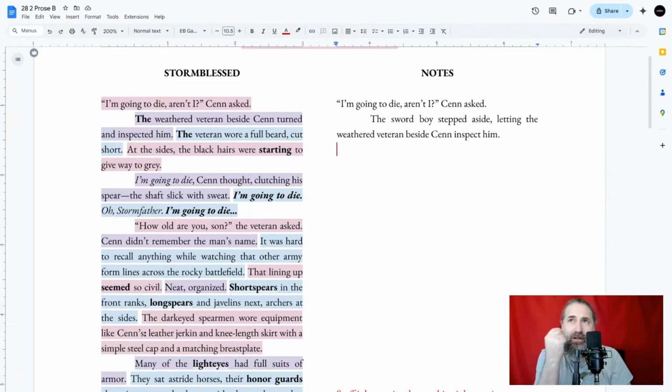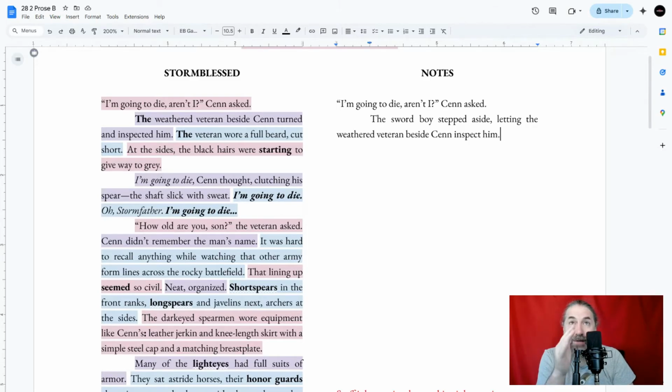So the thing that is more concerning to the sword boy is that the POV is being written that he's noticing the immediate thing happening, and not necessarily noticing the gesture of the veteran turning to Sen, right?